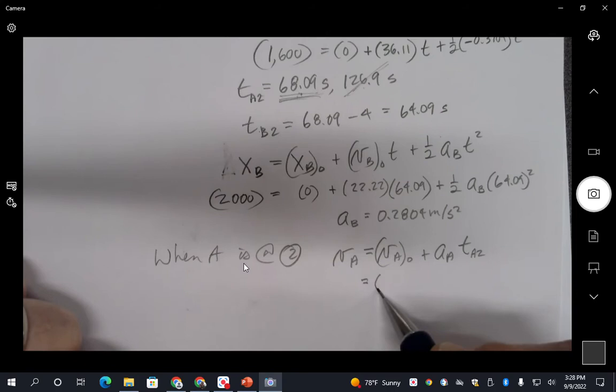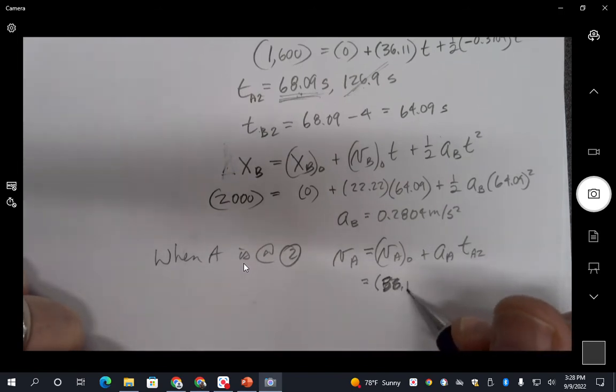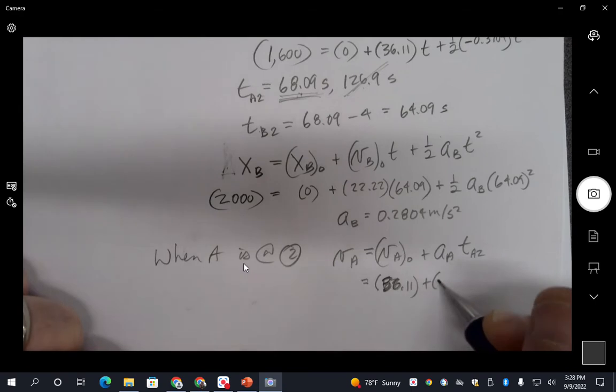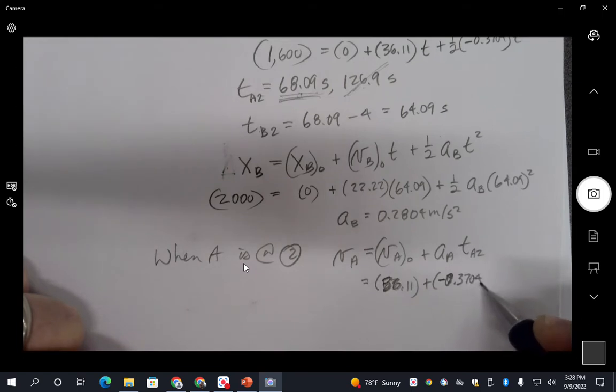So he starts out at 36.11 with a negative 0.3704 and 68.09.